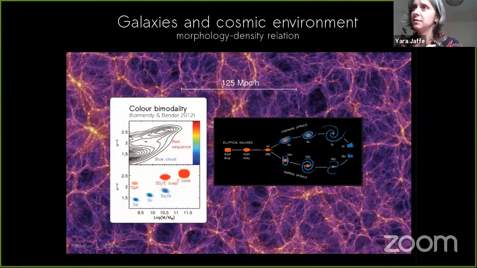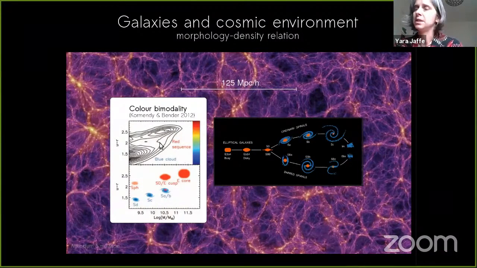And in fact, galaxy morphology is very tightly related to color. As I show here, this is an example of the well-known color bimodality of galaxies, where when you plot the galaxy color with respect to galaxy mass, you find a very tight correlation called the red sequence for early type galaxies.